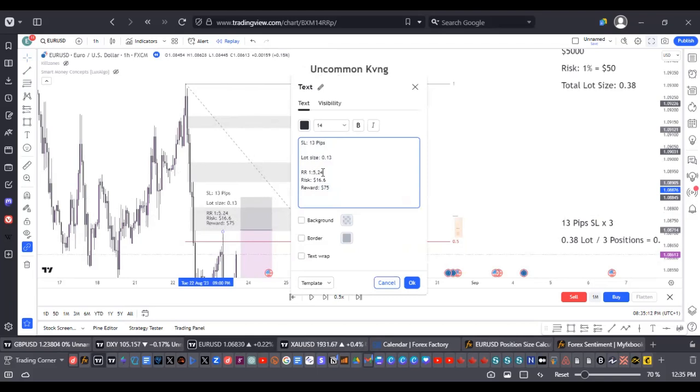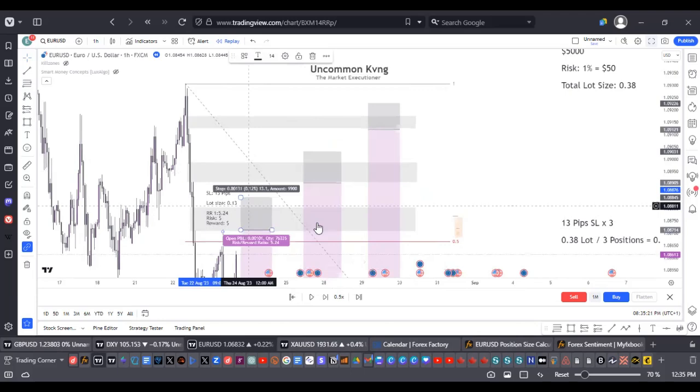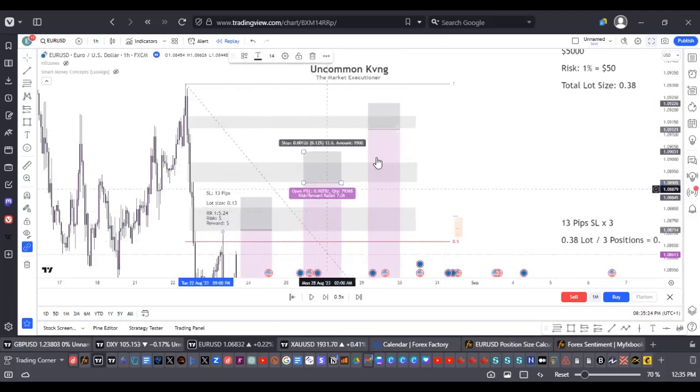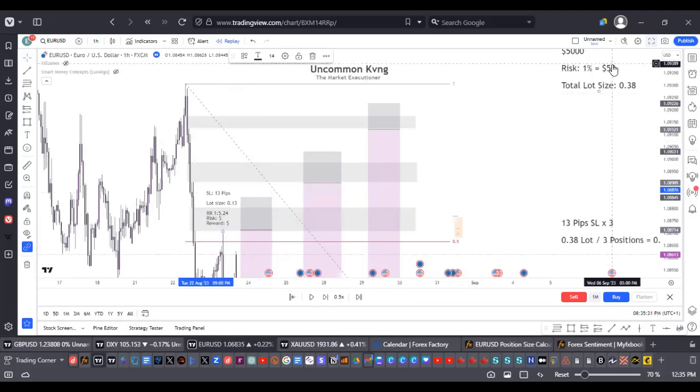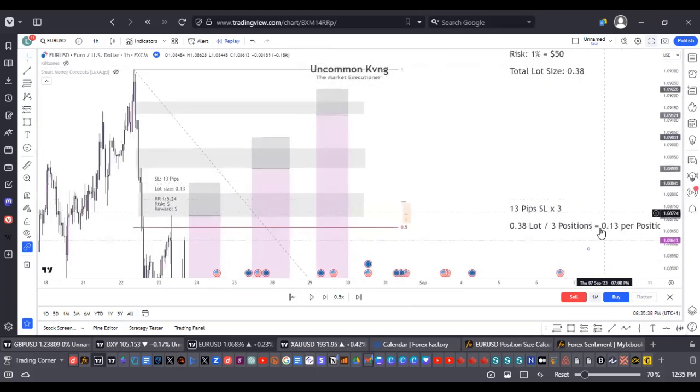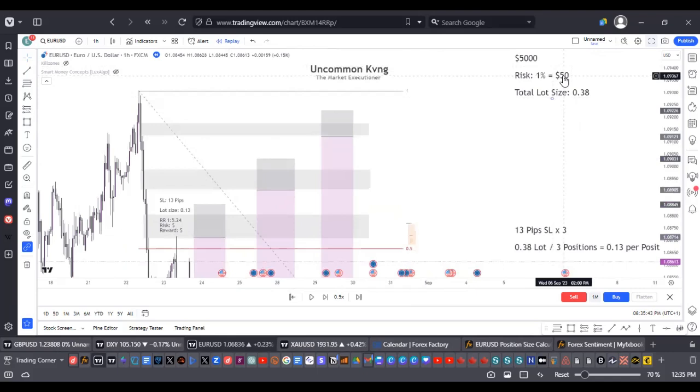Now we need to determine how much risk we are now taking. We remember that we are having $50 risk for this total setup. That's if we lose here, we're going to lose $50. So we want to know how much we're risking on each of them. Having divided the total lot size that could accommodate this $50 by 3 to get 0.13 per position, we will now divide the $50 by 3 positions, right?